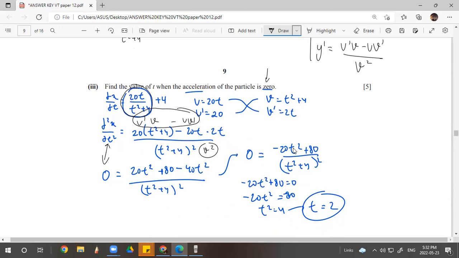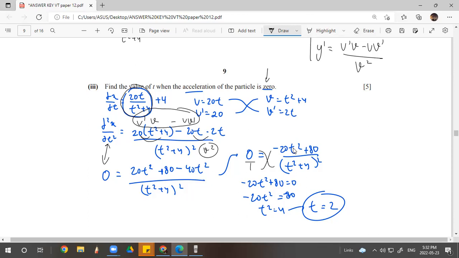I open this: 20t squared plus 80 minus 40t squared, right? And then, okay, 20t squared minus 40t squared is negative 20t squared, right? That's the rule. Plus 80 over t squared plus 4 bracket squared. I don't expand this. Why? Because it's useless. I do the cross multiplication and it is cancelling with the 0.